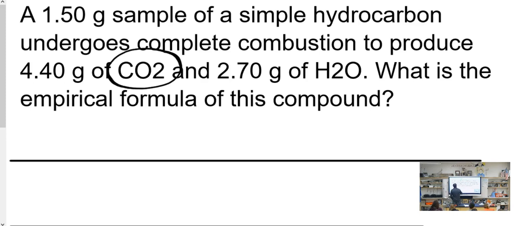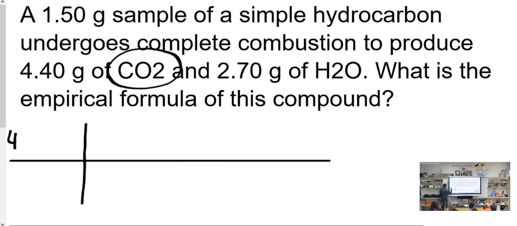So my picket fence is too long. Definitely doesn't need to be this long. All right, my picket fence, I will start with my mass of CO2, 4.4 grams of CO2. What must go down on the bottom right?